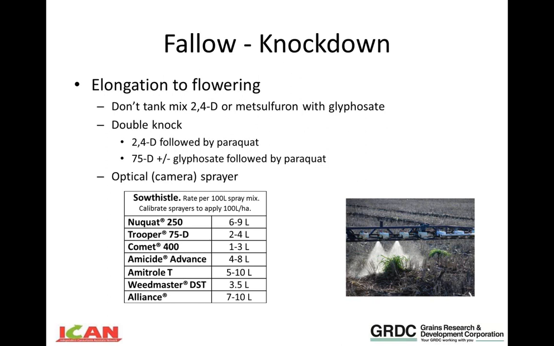The other thing to mention here is that there are now recommendations with the products you can see in the table there, and those are registrations through Detect sprayers. In addition to that, there's a minor use permit. The number for that permit is 11163, and it's a permit for use of products that are applied with optical spot spray technology.